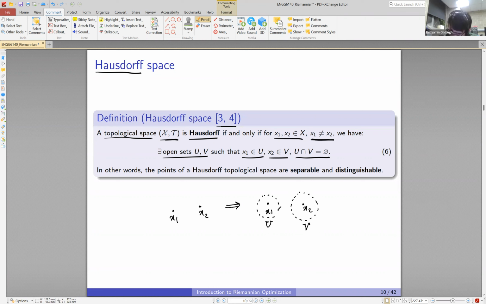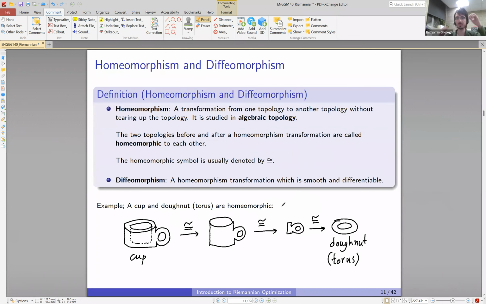In simple words, it means that the points are separable. So the points of a Hausdorff topological space are separable and distinguishable because you can find neighborhoods of them, or some open sets containing them, with some gap between them. They don't have any intersection. So it means that they are separable and distinguishable, right? This is a Hausdorff space.